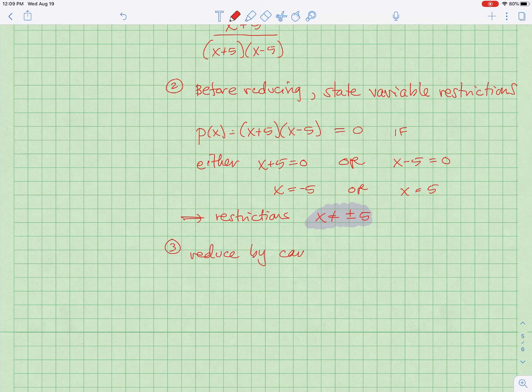reduce by canceling. How many L's are in canceling? Let's ask Google. Whoops, one or two L's. Yeah, both spellings are correct. Weird.